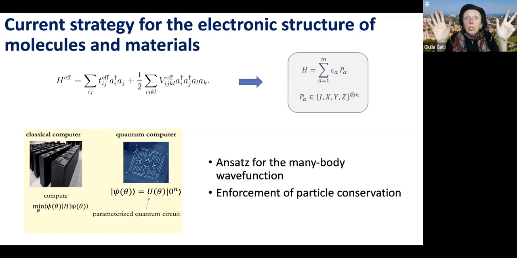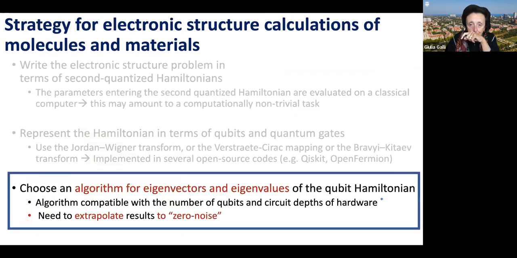It's a change of strategy, going back to square one in a way, where we have a Hamiltonian and we want to diagonalize it. So we need an ansatz for the many-body wave function. And that we borrow from what people have done in chemistry, and we need to enforce particle conservation.